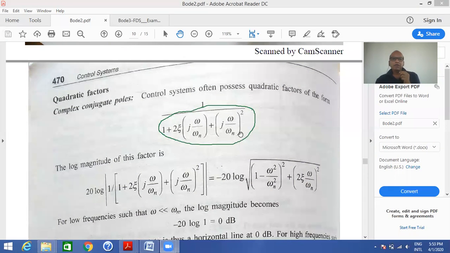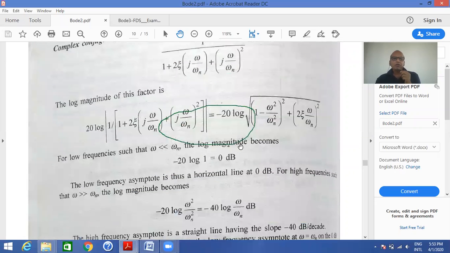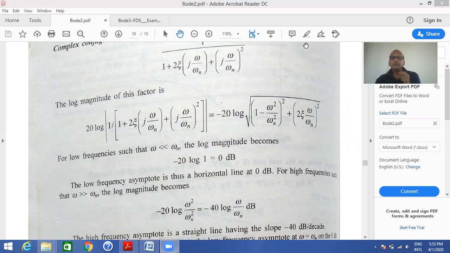Here you can calculate the log magnitude, that is 20 log of 1 upon the magnitude. Since this is in the denominator rather than a derivative term, we get the minus: minus 20 log of the square root of real square plus imaginary square.